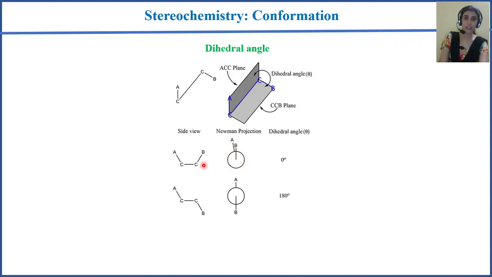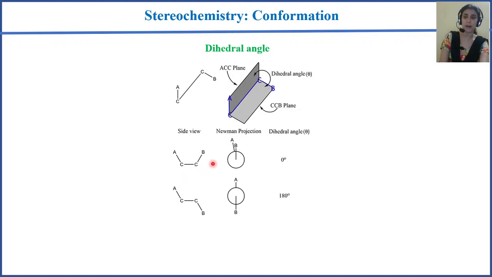And you are watching from this side. This is the front carbon, and this is the CB bond, as I draw here. And as you are watching the CC bond over here, this is the back carbon. On this back carbon there is a Ca bond. Now, for ACCB, you are clearly viewing from this side, not from that side.